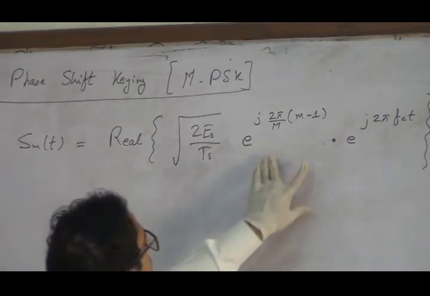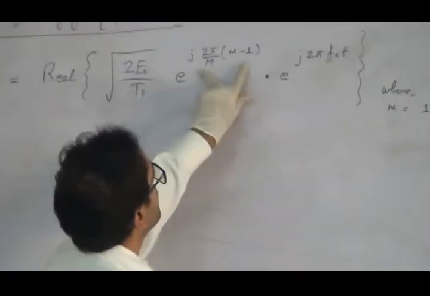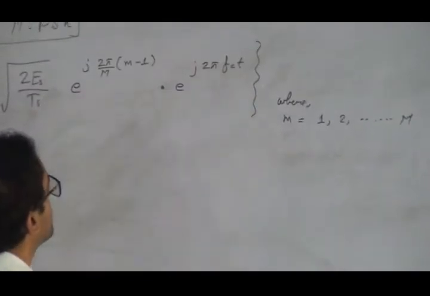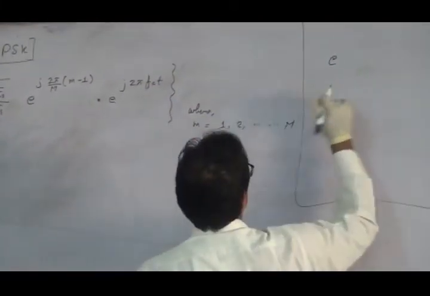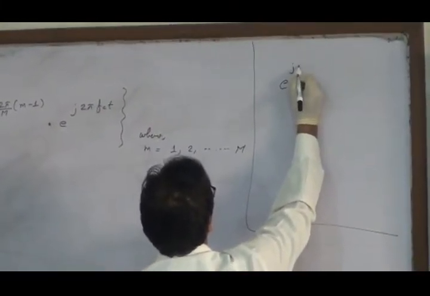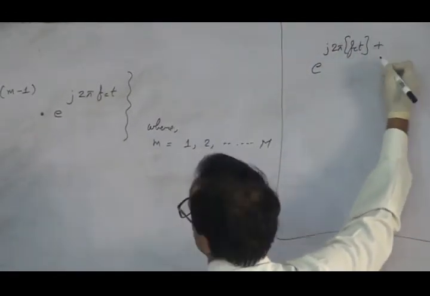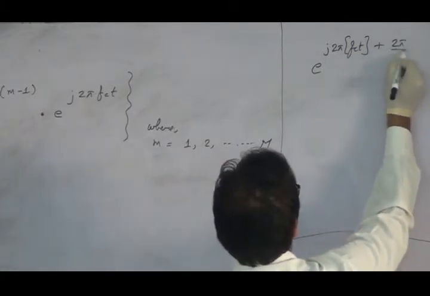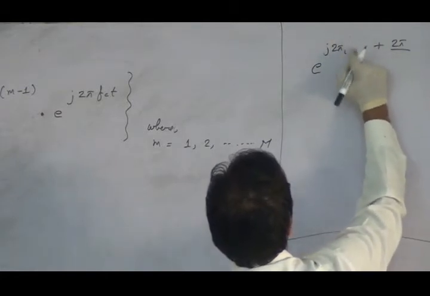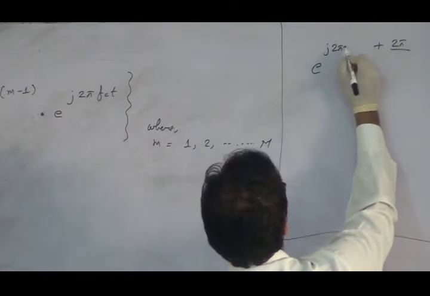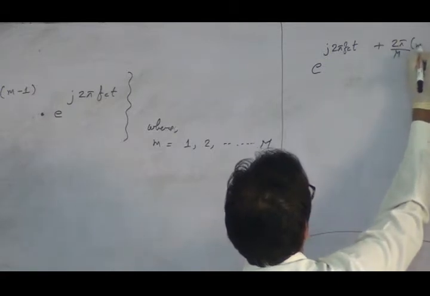Now if you combine these two exponentials, you will see this term will contribute to the phase of the carrier, right? For example, if I write the phase inside this exponential, it will be e raised to the power j times 2 pi fc t plus 2 pi by M, small m minus 1.